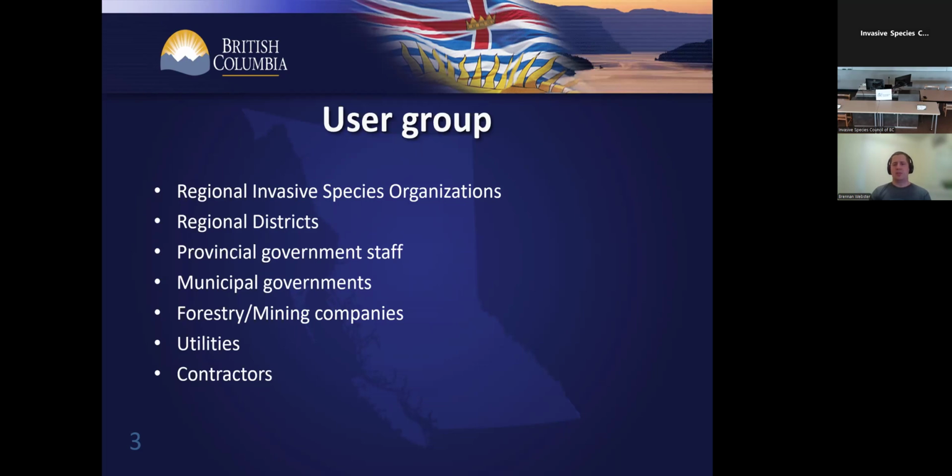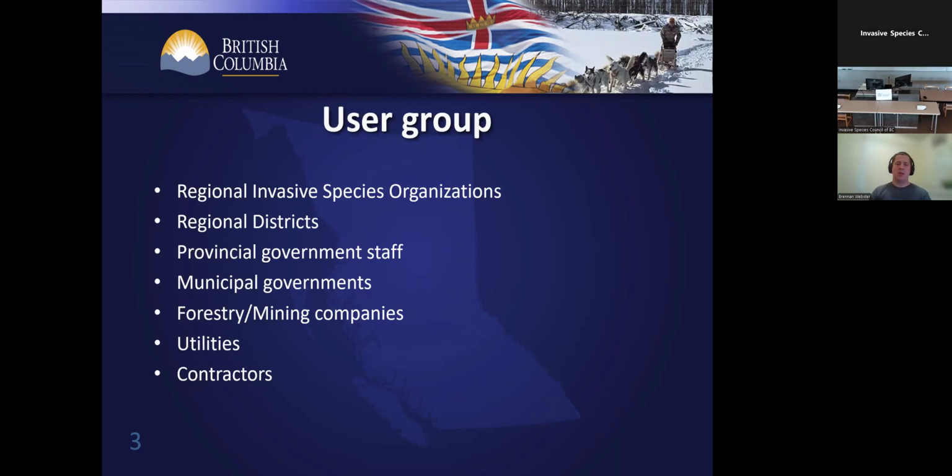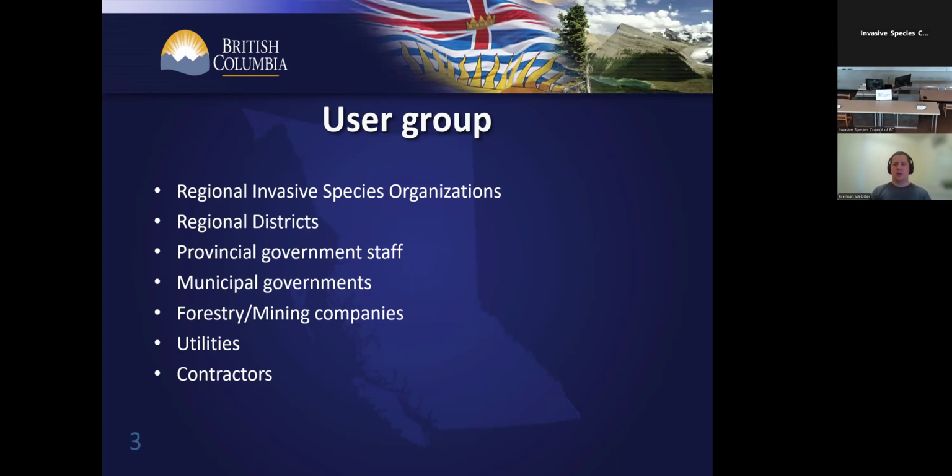In some cases, some regional districts don't have a regional invasive species organization, and the regional district will be doing that work themselves. There's also all of our program staff, summer students that do field work on priority species, who also enter all that data into the database.